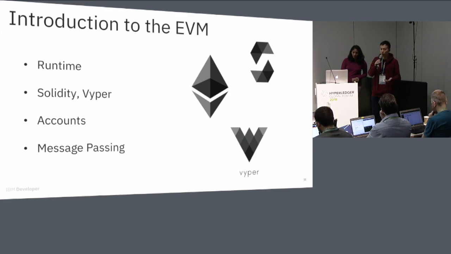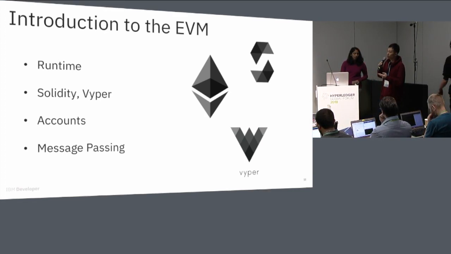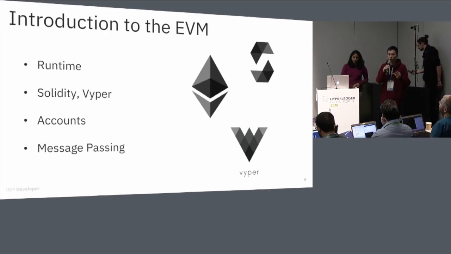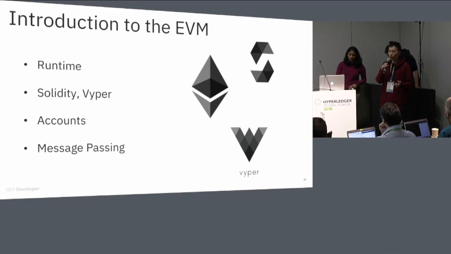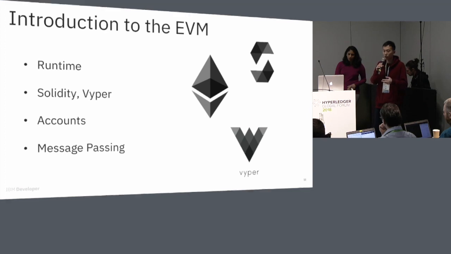There's another type of account in Ethereum, which is the contract account. So there are two types. First, the user account, where an individual user can create an account in Ethereum, and the address is extracted from your public key. The other type is the contract account, which stores the smart contract.